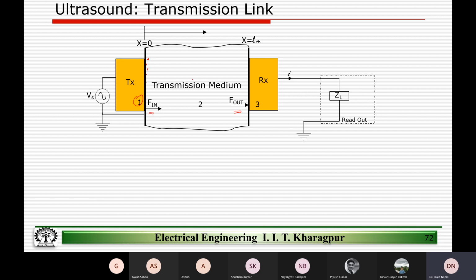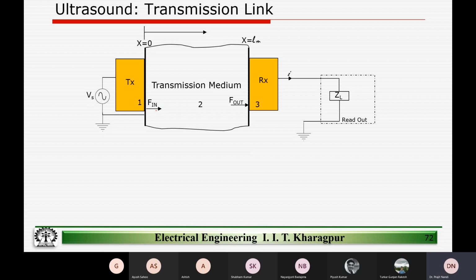Of course, there will be absorption and transmission at this edge, and absorption, reflection or transmission at this edge. All that we already saw when we were looking at the wave equations. Any question? Gunjan, any question?